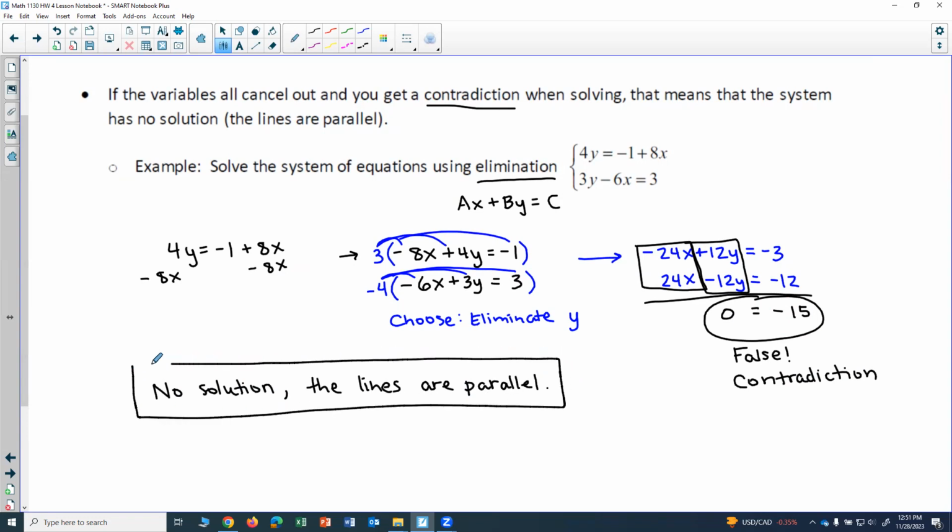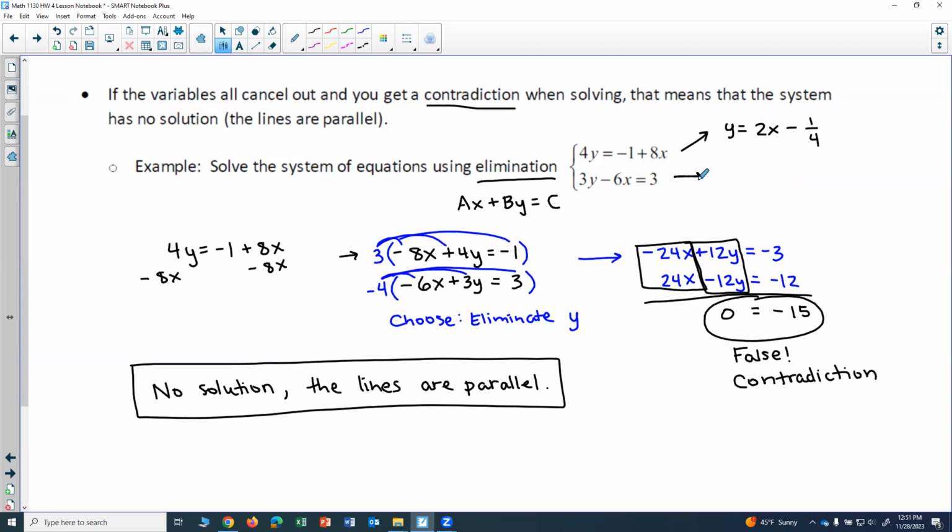Now, if you wanted to check that, you could go ahead and solve both of these for y. So if I wanted to check that they're parallel, the first one already has the y term by itself on the left side. So I could just divide everything by 4, and I would end up with y equals 8x over 4 would give me 2x, and then minus 1 over 4 would give me minus 1/4. So that's the first line.